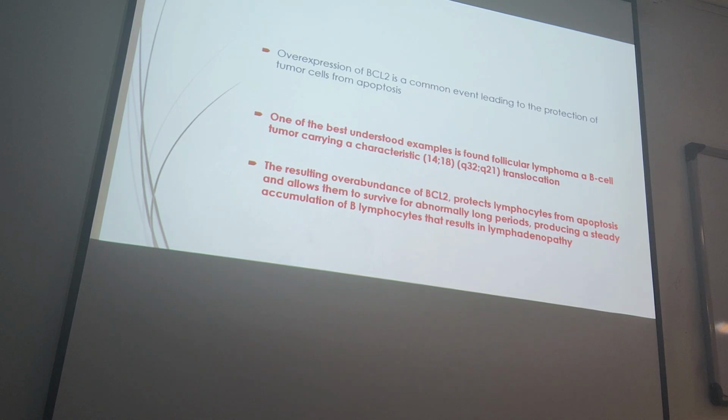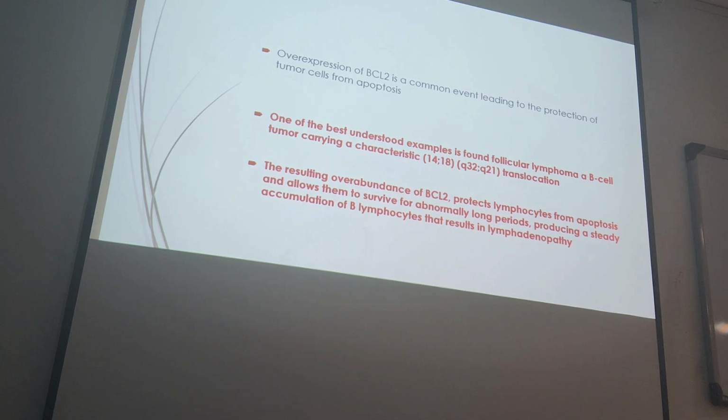As I said, follicular lymphoma is a malignancy of lymphoid tissue, okay? So this type of lymphoma is of B-cell lymphocytes, and has this characteristic translocation between these two chromosomes. This is very important: translocation between chromosome 14 and 18.